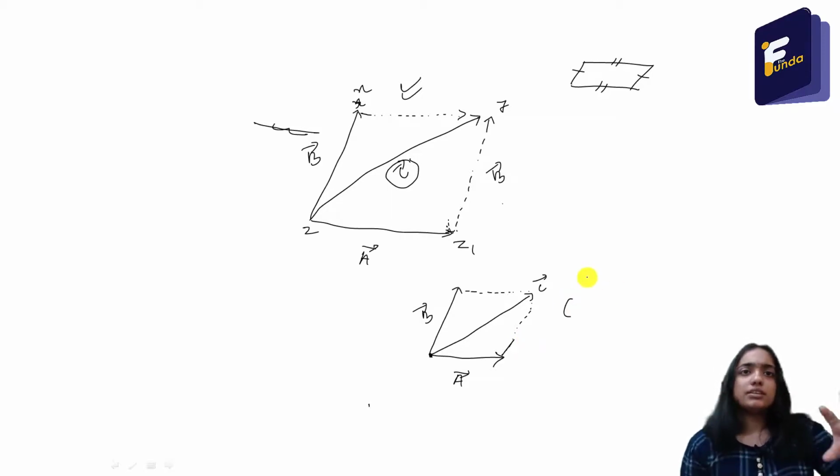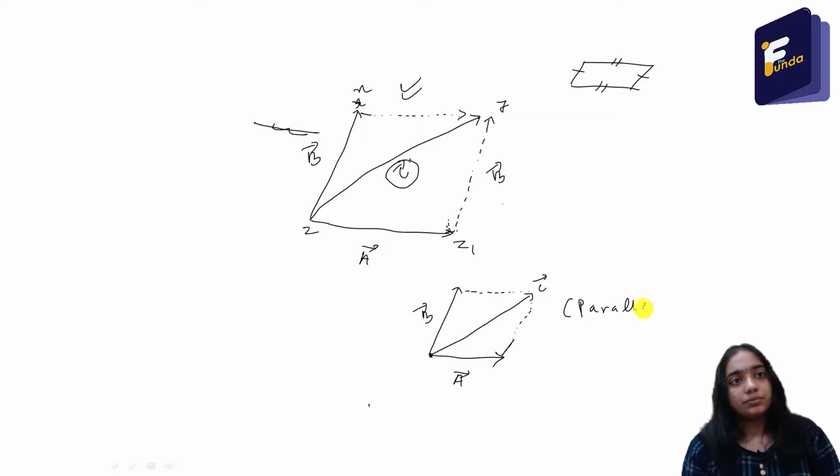The concept is similar to that of the triangle law of vector addition, only a new name. You can apply either of these two laws whenever you are convenient with, and you can just add two vectors. This is the parallelogram law of vector addition.